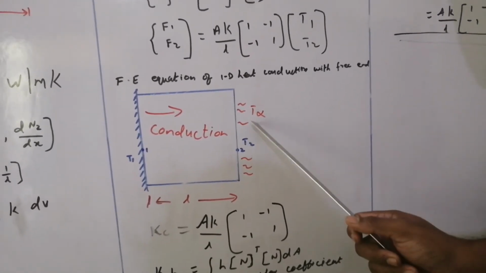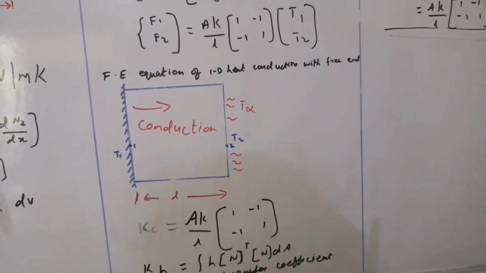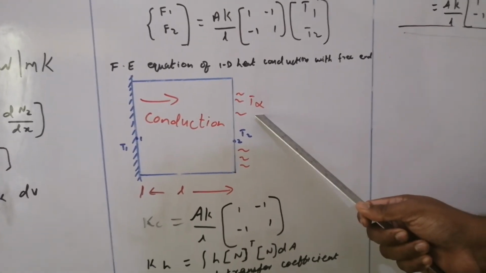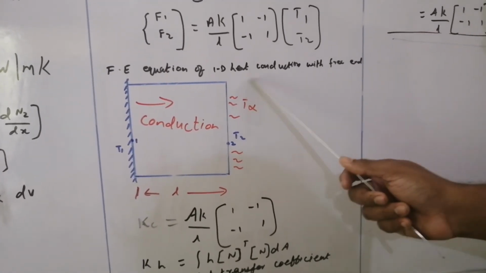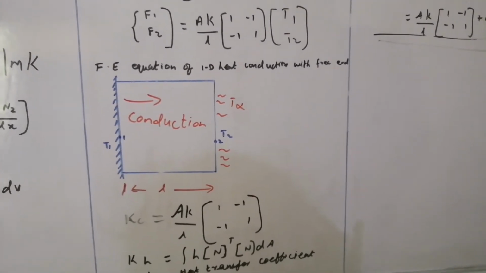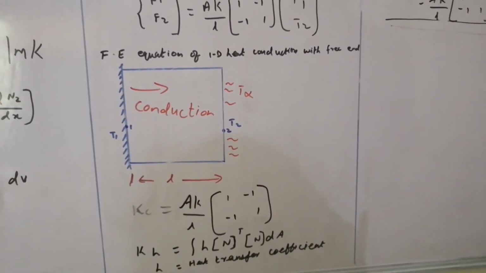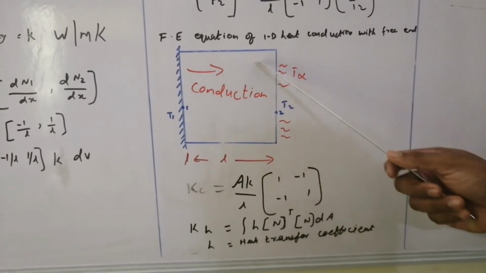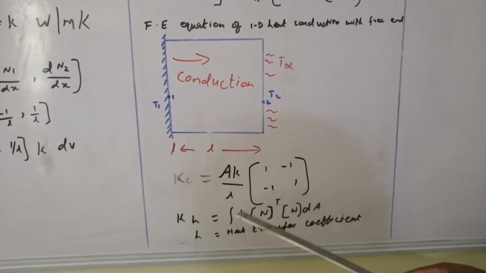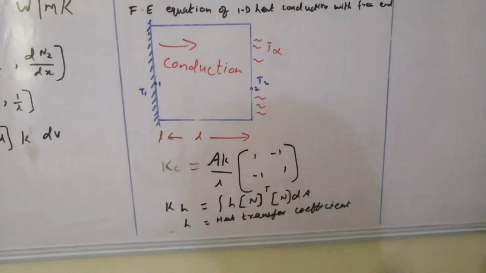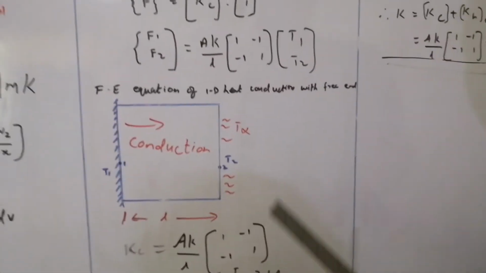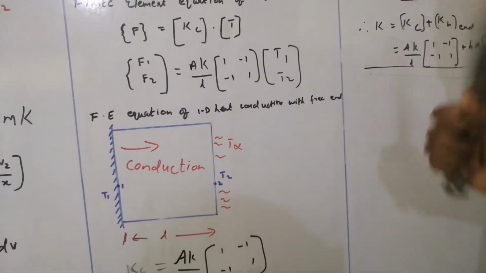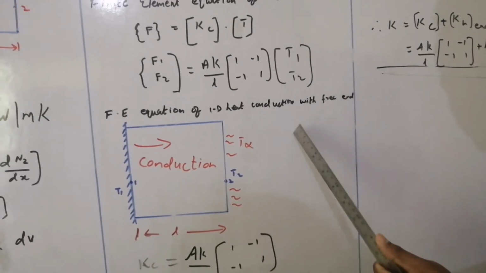So this T infinity means the temperature of the atmosphere, or the temperature of the air in that specific area. And we already know the stiffness matrix for conduction, that is throughout this material, is A K by L, 1 minus 1, minus 1 1. And we want to know the stiffness matrix for convection.